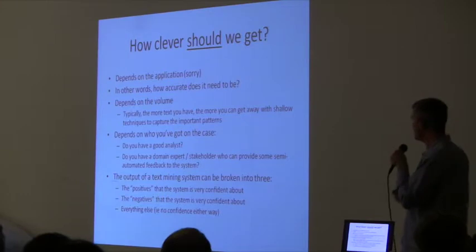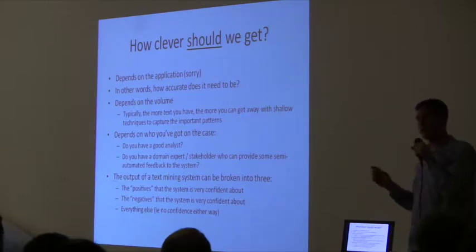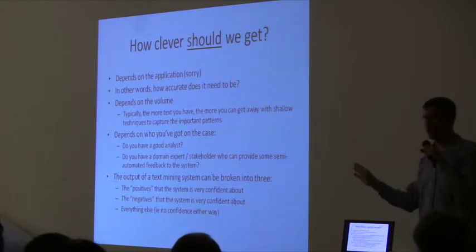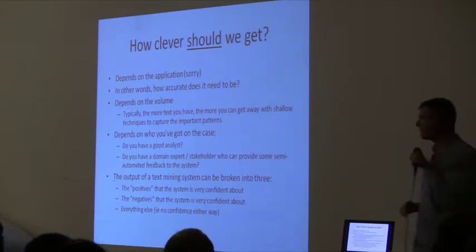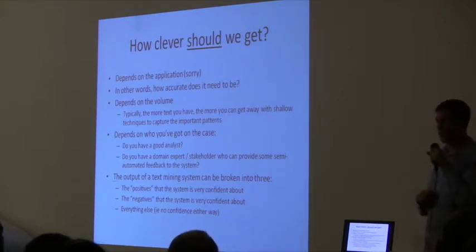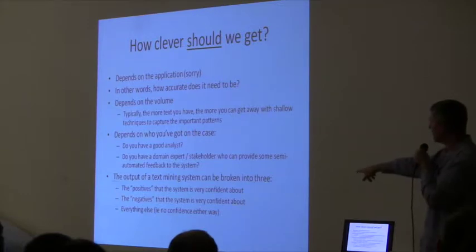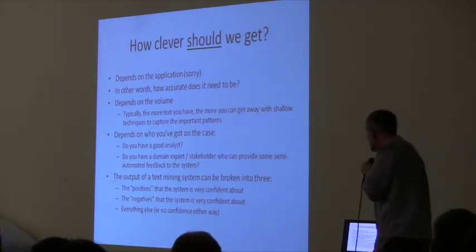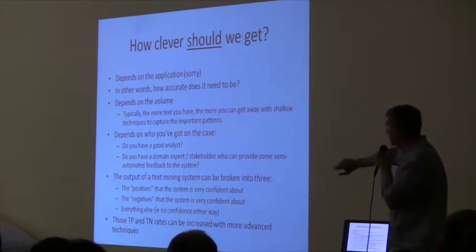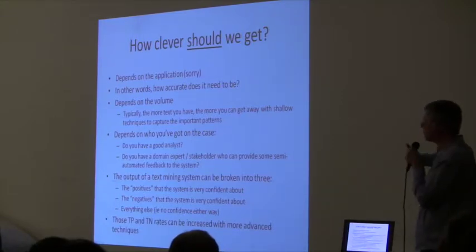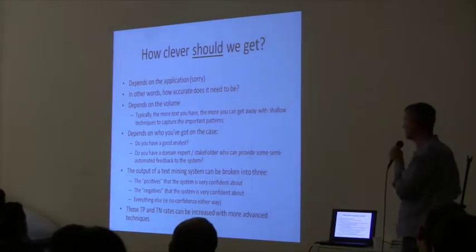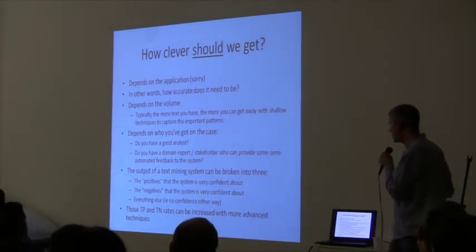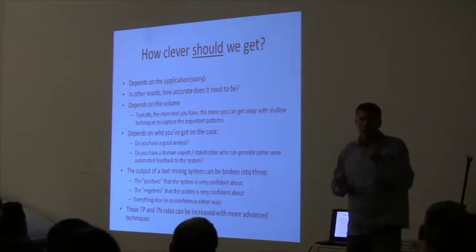Second, the negatives that the system is very confident about: these two documents definitely aren't the same or aren't similar. So you've got definitely are or definitely aren't, and everything else in between, where the confidence is low and you're not sure. Those true positive and true negative rates can be increased with more advanced techniques. So again, it depends on how accurate it needs to be.